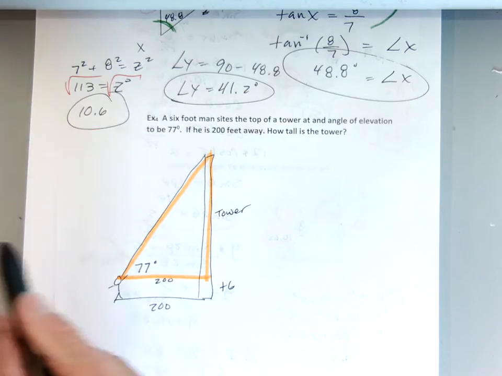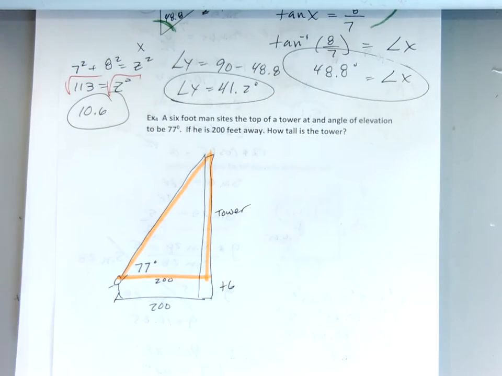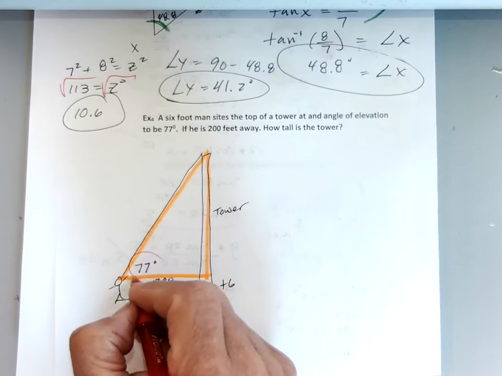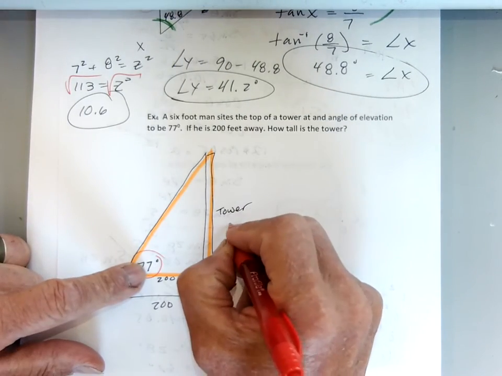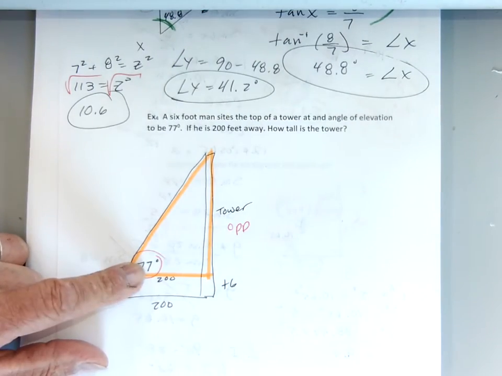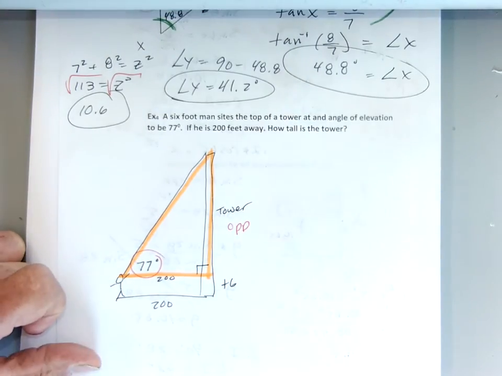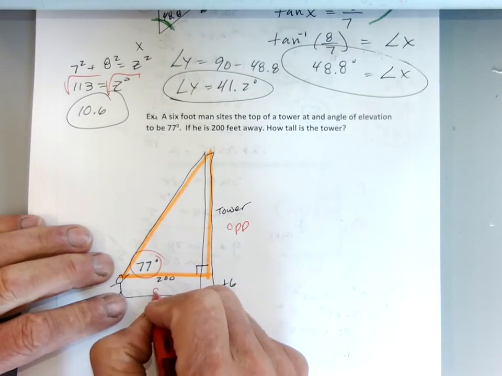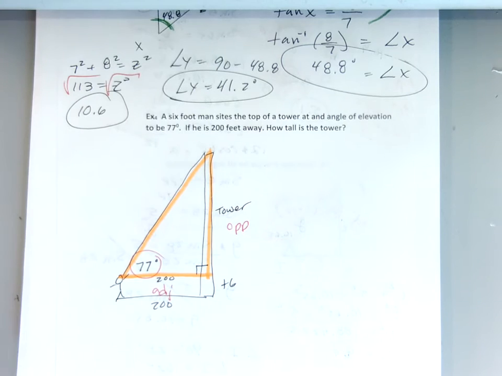So let's figure out what the tower is, okay? So let's see. Go to my angle. The tower is my opposite side, right? My 200 is my adjacent side, right?